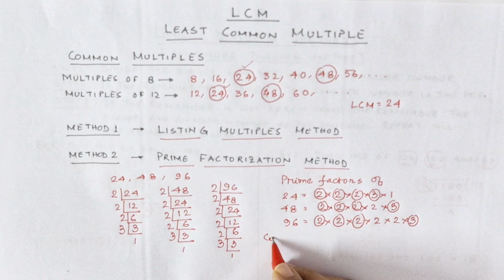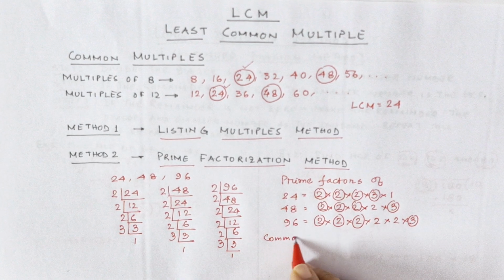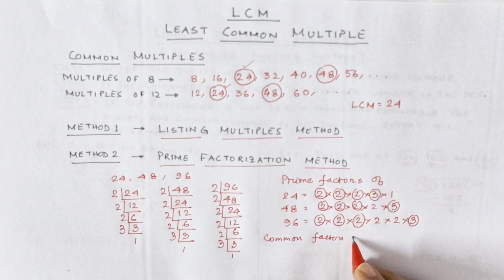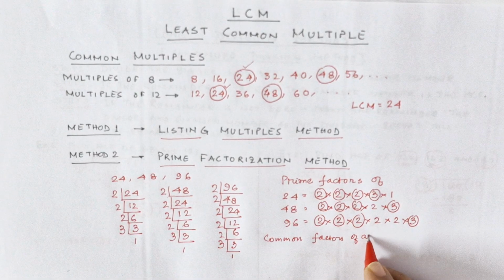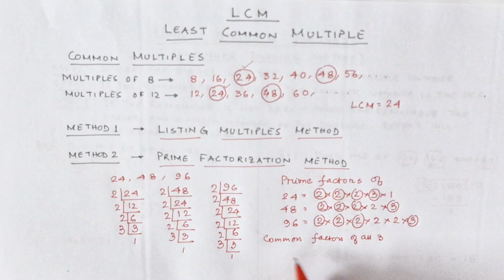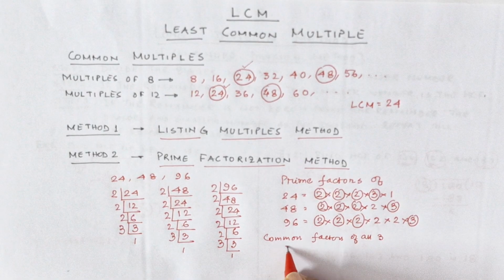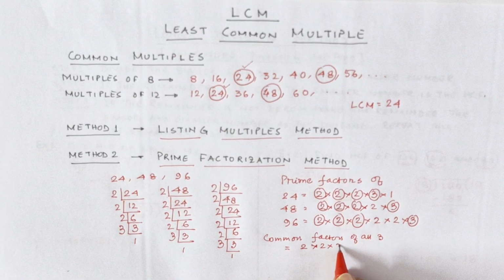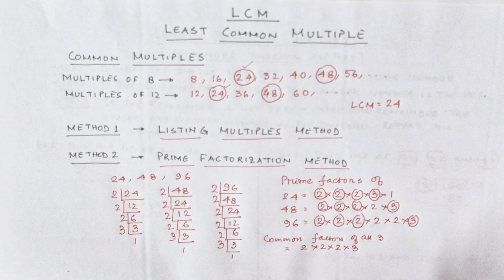We'll write here, common factors of all the 3 numbers is 2 multiplied by 2 multiplied by 2 multiplied by 3. Got it?